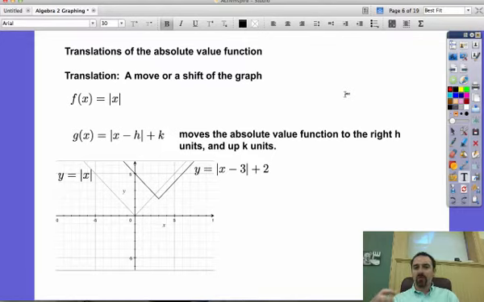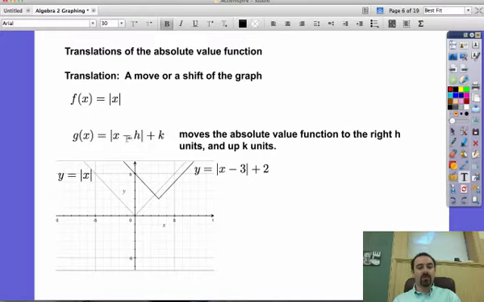So translations of the absolute value function. So we're going to learn how to graph different versions of this. Here's the original function f of x. If my new function is the absolute value of x minus some number h, plus some number k, what that's going to do is move the absolute value function to the right h units and up k units.